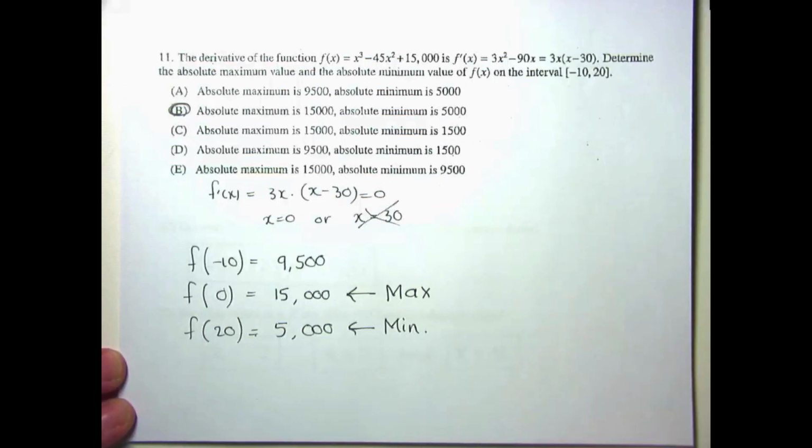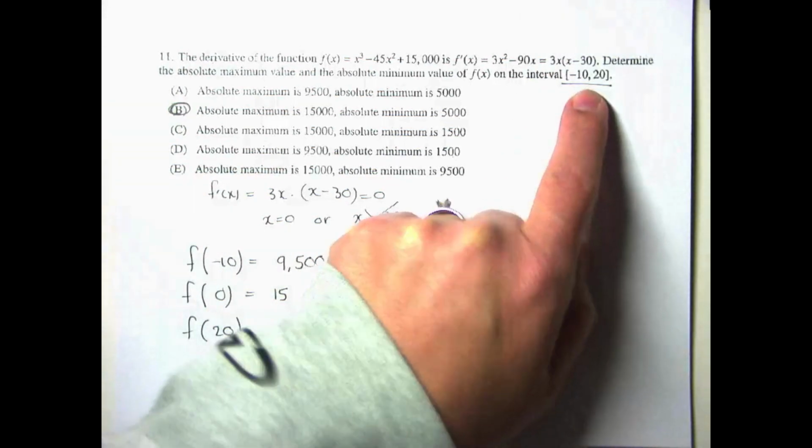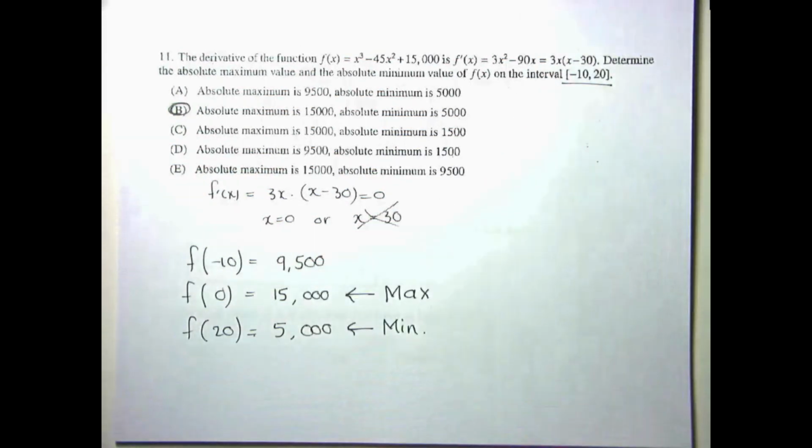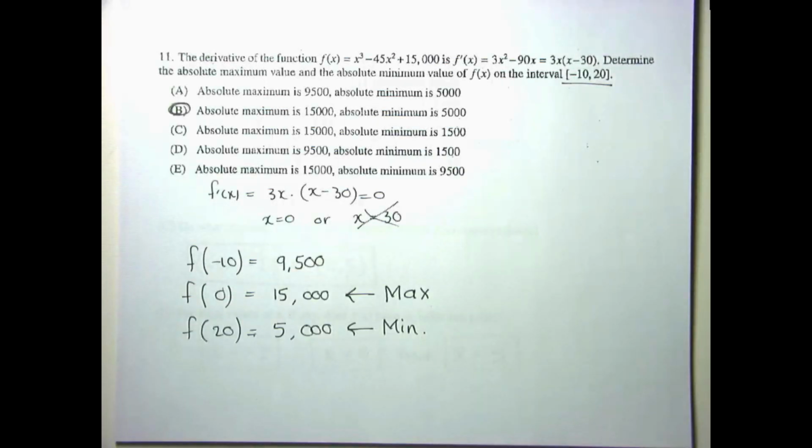You see? We want the absolute min and max on this interval. 30 is outside of this interval. Okay? I can't hear. 30 is what? I can't hear you. Come up here. All right, other questions? I can't hear. You're going to have to scream it at me.